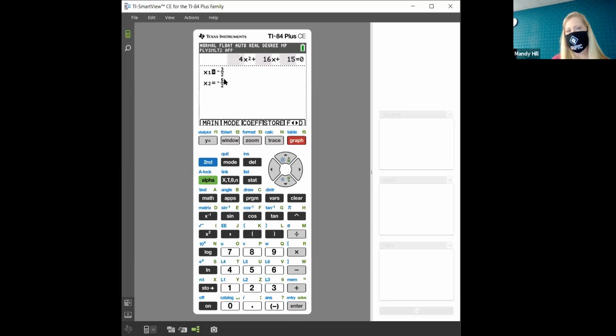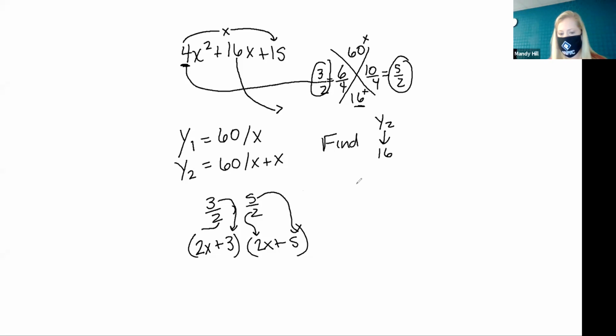And these are the two answers it's given me, -3 halves and -5 halves, which is nice, but you're going to have to remember that when we go back and look at our problem, the polynomial root finder gave me the answers -3 over 2 and -5 over 2. So you've got to remember that you have to do the opposite, right? When you plug in your equation.